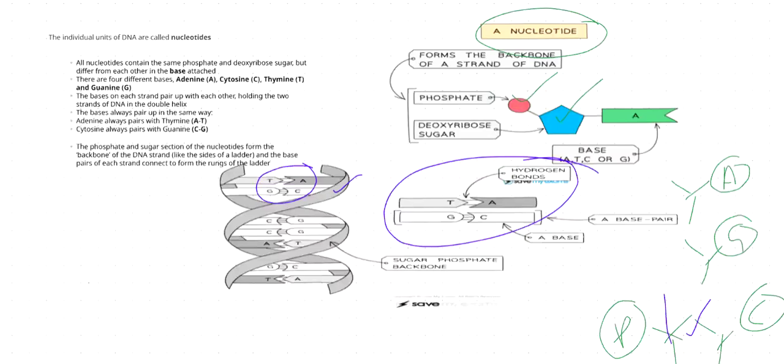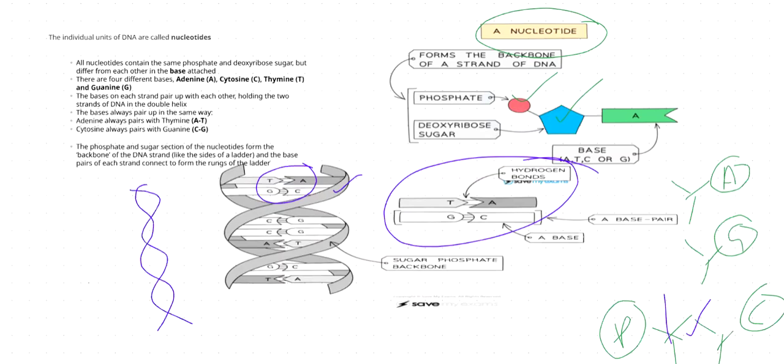So this is the brief description of DNA and the nucleotide, according to the specification syllabus given by Cambridge. But one more thing, which we'll discuss in detail in the inheritance chapter, is that each DNA molecule carries lots of information about proteins.